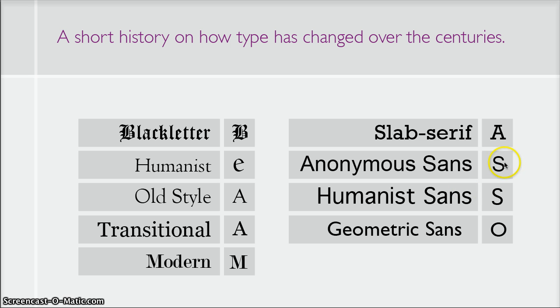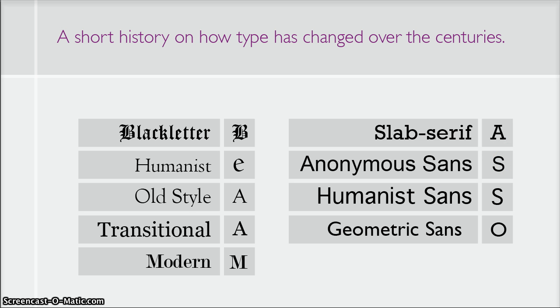Both, you can notice the S is based almost off the letter O, and the humanist sans is more like handwritten, a little taller and structured and edged than an anonymous sans.